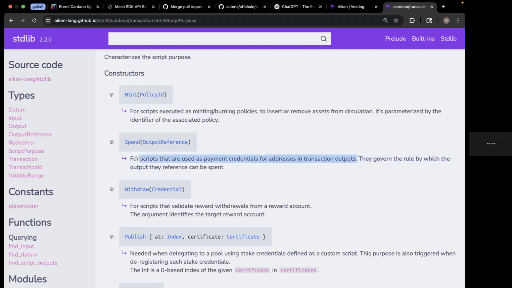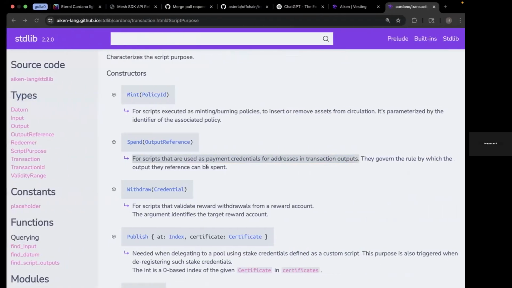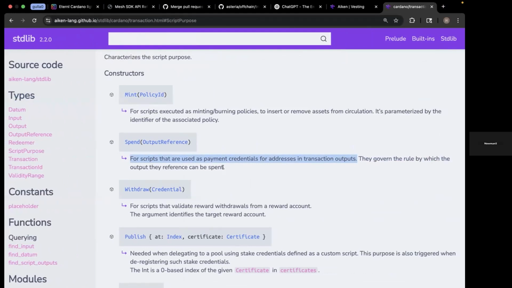It is literally just saying: if you are spending something from a validator address derived from this specific validator, then it has to follow the rules of the validator.